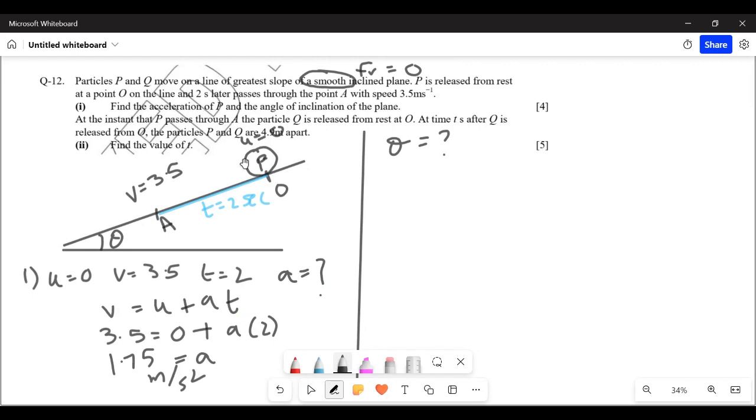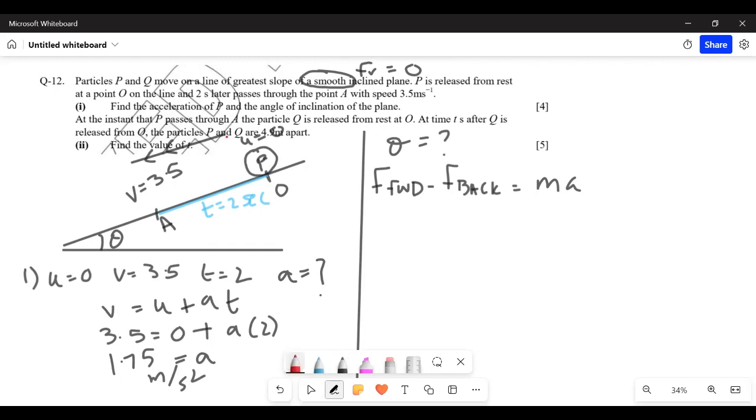So we're going to use Newton's law again. Forward force minus backward force equals ma. On P, since it's going downwards, there is going to be a forward force, which is going to be mg sine theta.